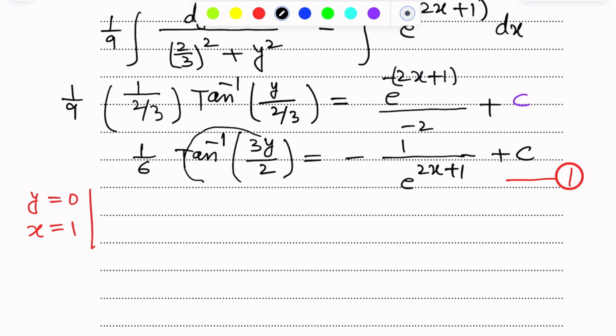Y is 0, so this term will be 0, because tan inverse 0 is 0, so the whole term will be 0, is equal to minus 1 over e power, x is 1. Putting here 1, we get here e power, there is 2 also, we are missing 2.